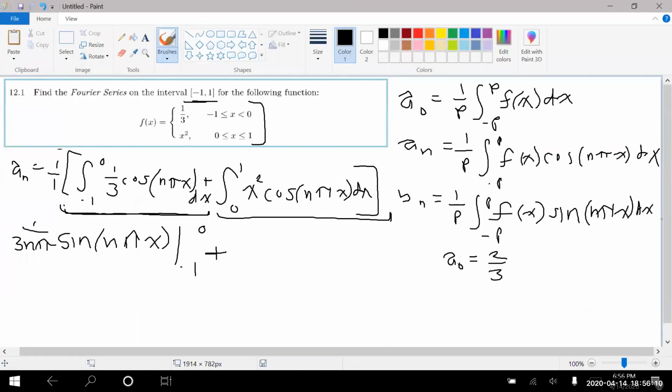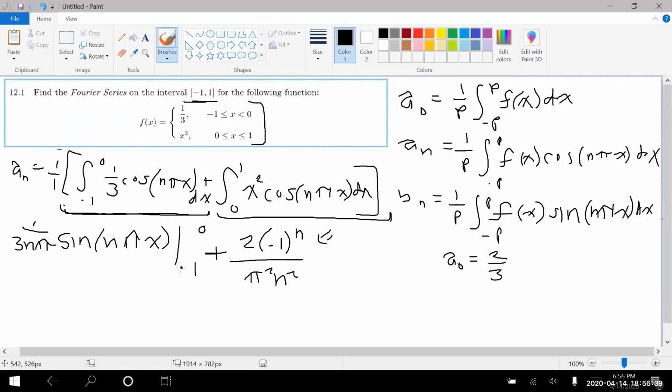We don't even have to evaluate it because that is for a definite integral from 0 to some number p. In our case, p is 1. So we are just going to plug in those values: 2, -1 to the n, over pi squared n squared. So that is part of our a sub n that we don't have to evaluate.